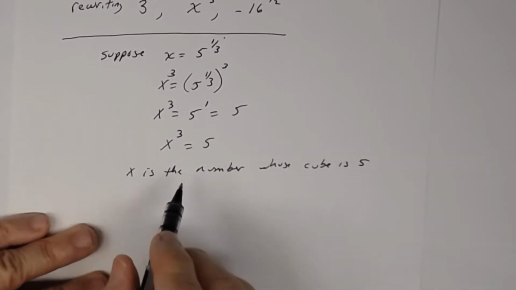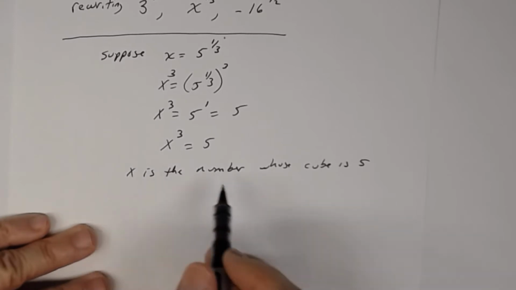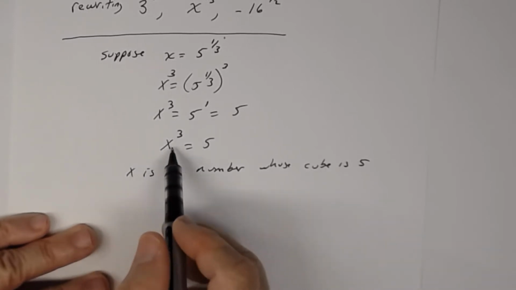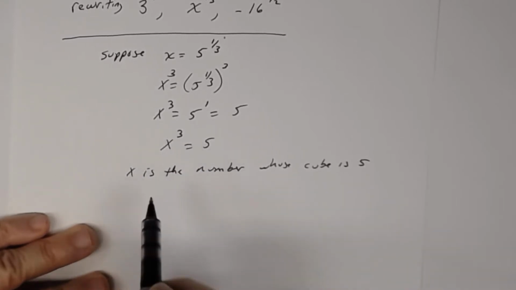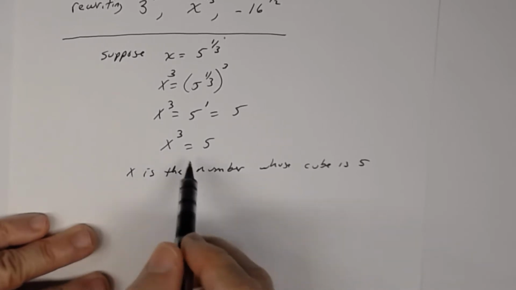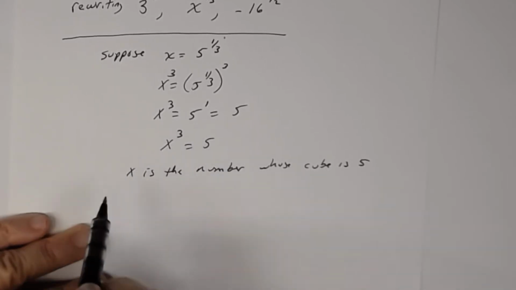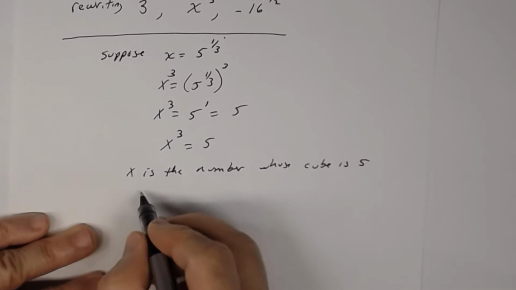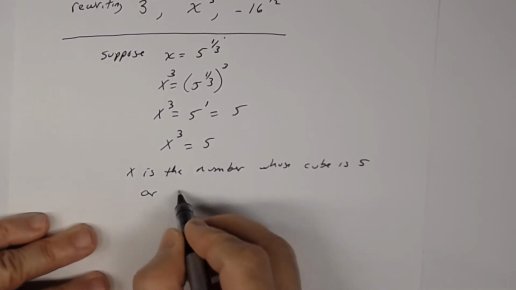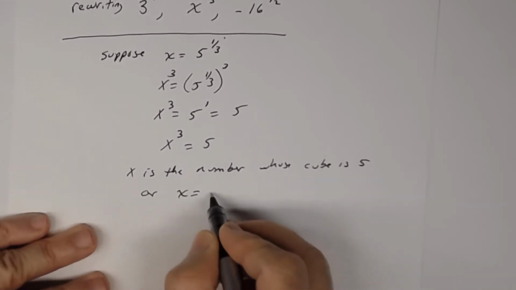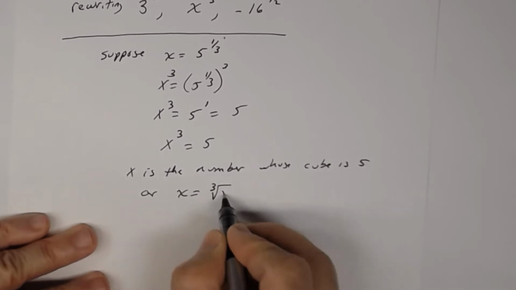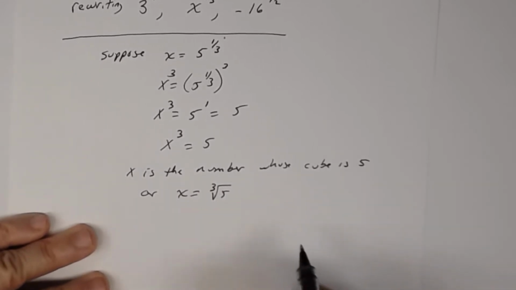So whatever x is and I cube it, I'm going to get 5. So that's what that says. So x is a number whose cube is 5. Or I can write it like this. I can write it as x equals the cube root of 5. So x equals the cube root of 5.